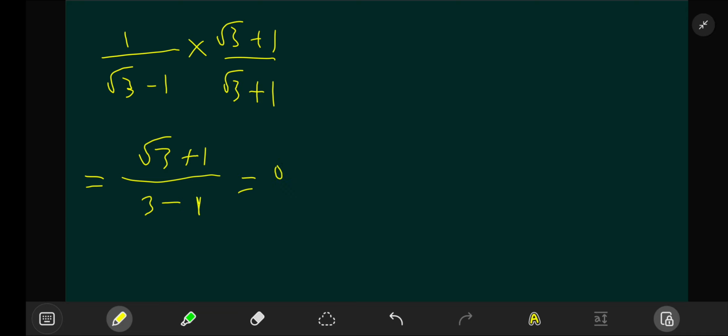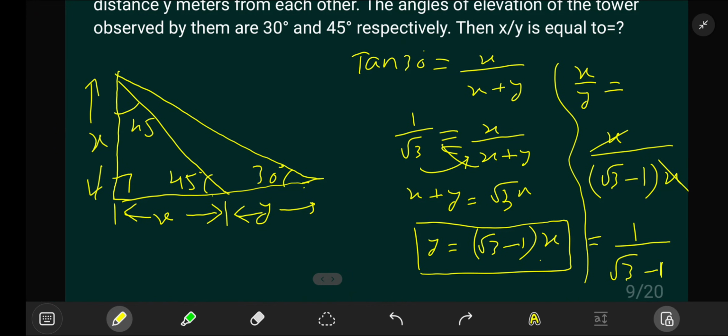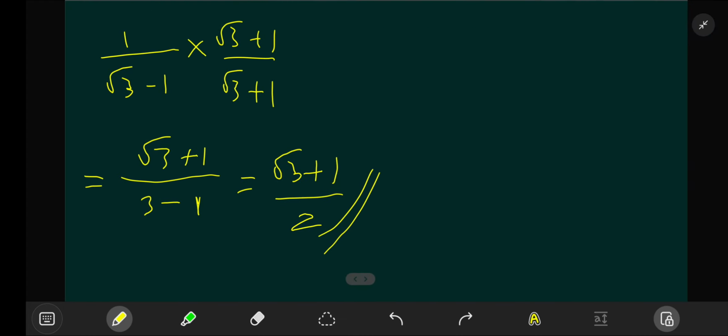So the answer is root 3 plus 1 by 3 minus 1, which is 2. Either this answer or the first answer will be in the options. These both answers are the same and correct.